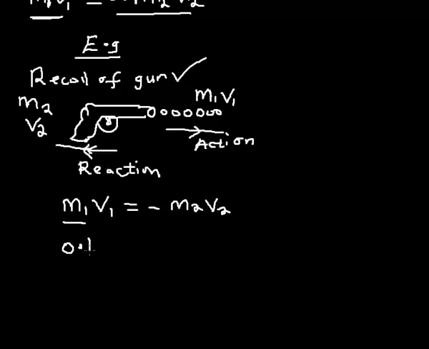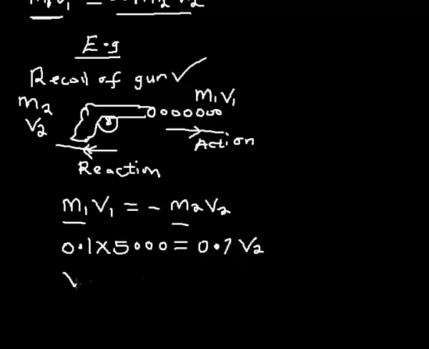Let's see a situation where the mass of the bullet is 0.1 kilogram, and the bullet leaves with a very high speed of 5,000 meters per second. Let's say you have a gun whose mass is 0.7 kilogram. I want to get the recoil velocity.